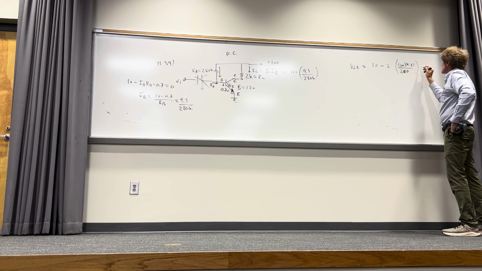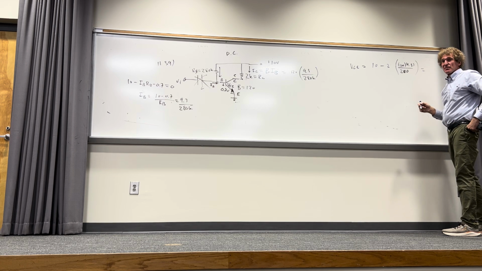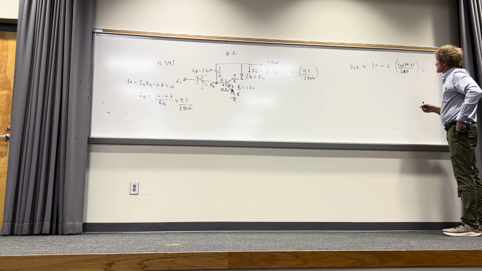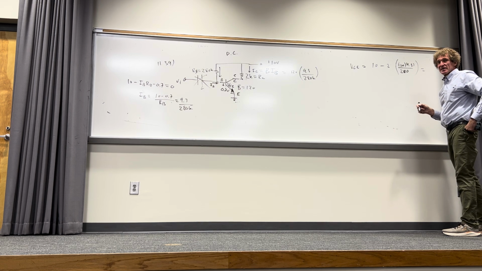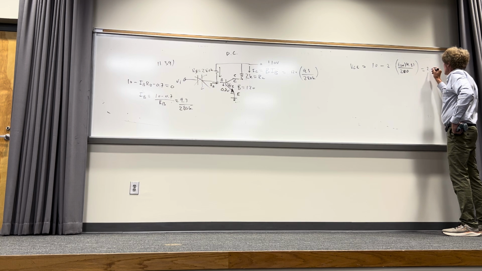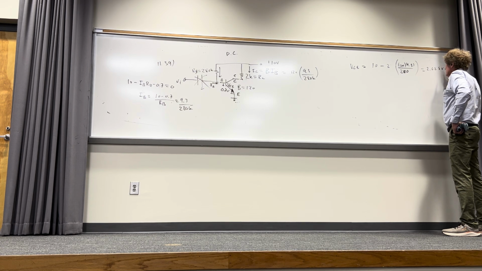I don't know what that is, but can anybody do that for me? It looks like it's going to be negative, but I don't know. Let's see. Maybe not. Can anybody tell me what that is? If you don't mind. 2.0. What is it? 2.0285. All right, that's still active.